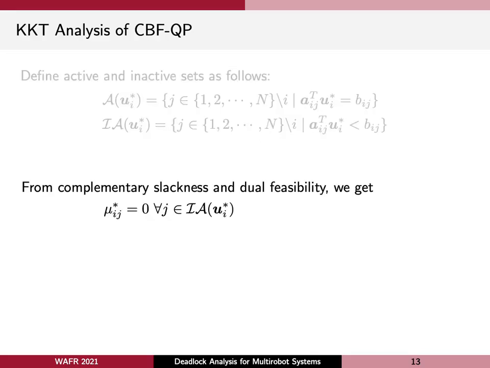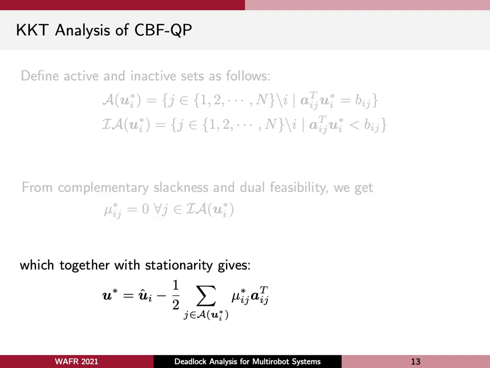From complementary slackness, we know that Lagrange multipliers will be 0 for all inactive constraints, and that, together with stationarity, gives us this expression for the optimal control u star as we wanted. Now note here that the summation over j is restricted only to the set of active constraints instead of all other robots in the system, meaning that it's only active obstacles that influence the control of the ego robot.